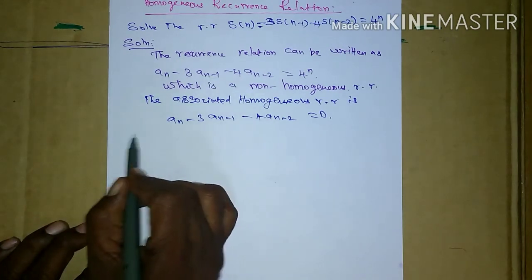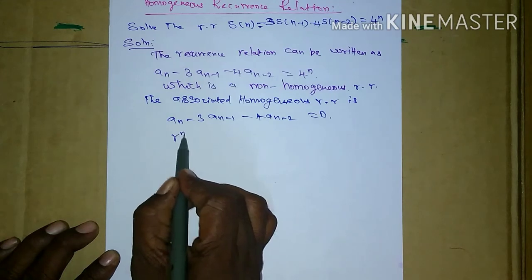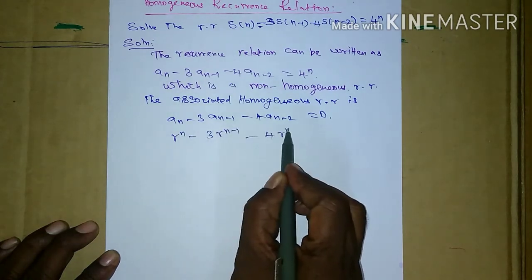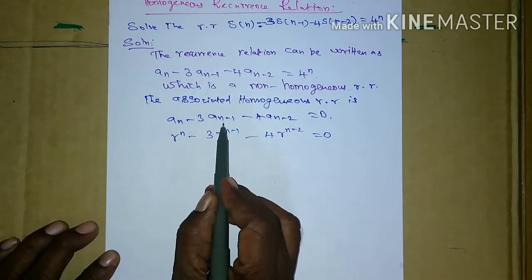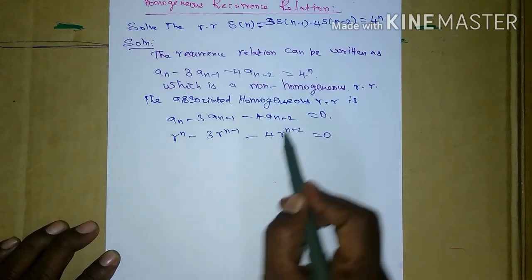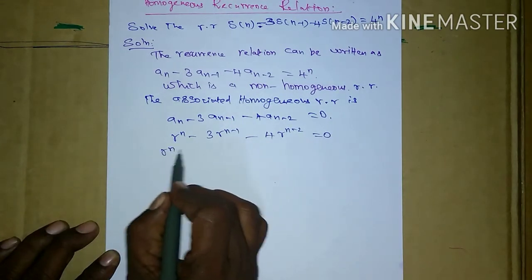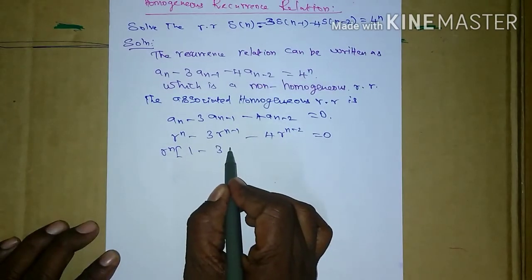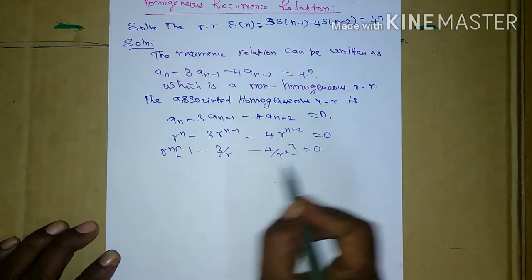Here replace an by r power n. Therefore, r power n minus 3 r power n minus 1 minus 4 r power n minus 2 is equal to 0. Replace an by r power n, an minus 1 by r power n minus 1, an minus 2 by r power n minus 2. Take r power n outside, we have 1 minus 3 by r minus 4 by r square is equal to 0.